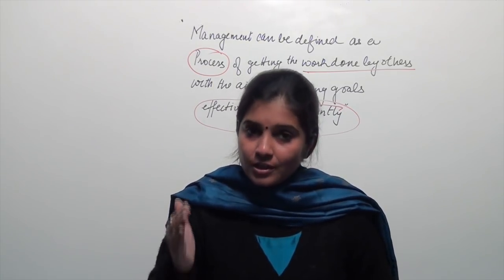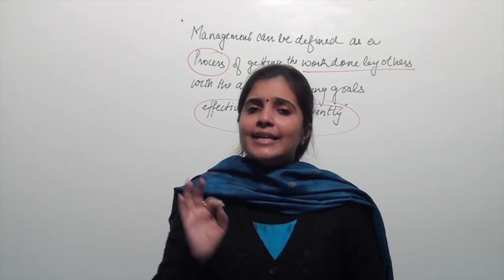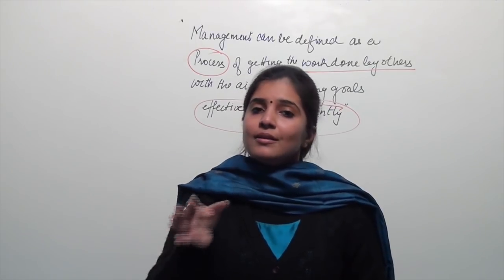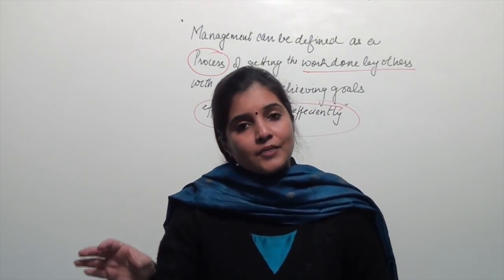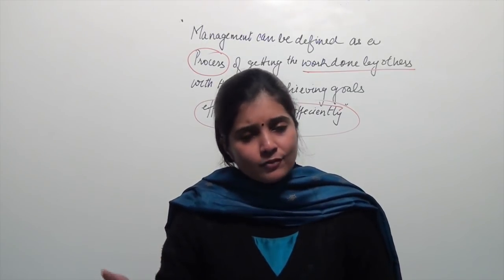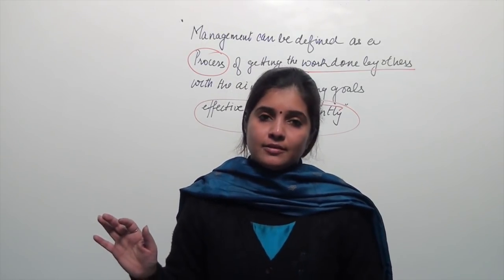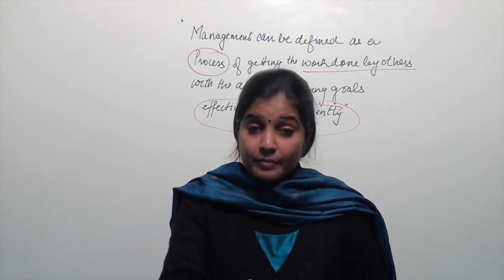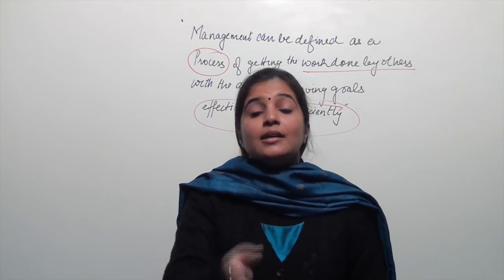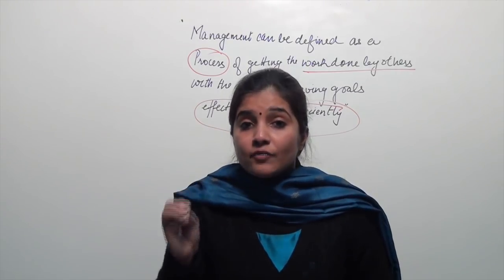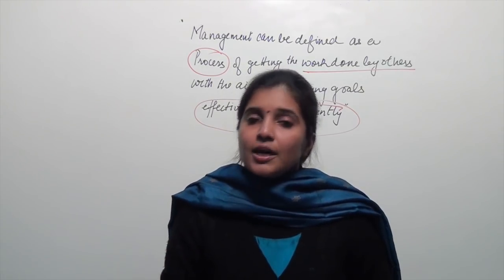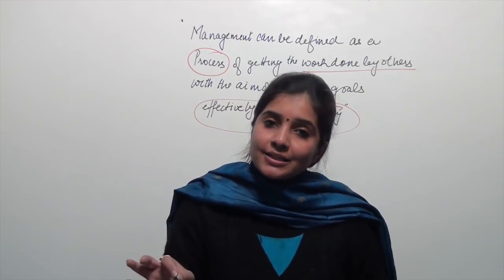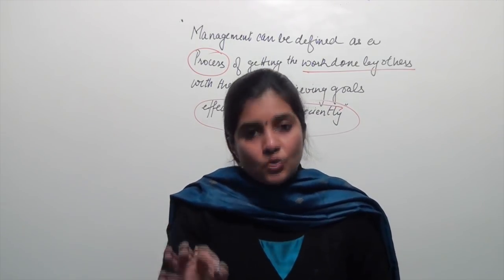So the manager has to maintain just the right amount of balance between effectiveness and efficiency. Sometimes it may have to compromise on efficiency also, right? Because what we are aiming at, again coming back to the same point, is that the product has to be made available to the customer at the right time, at the right place, at the right cost.